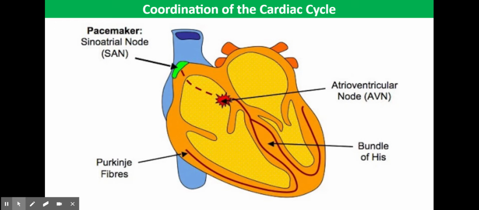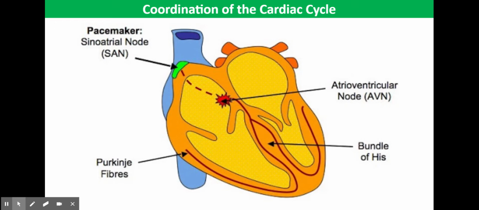After this short delay, the wave of excitation is carried away from the atrioventricular node and down specialist conducting tissue known as the Purkinje fibers, or the Purkinje tissues. This runs down the interventricular septum.